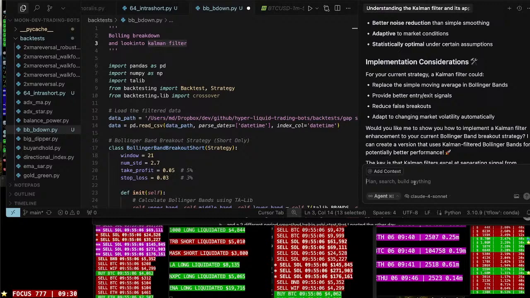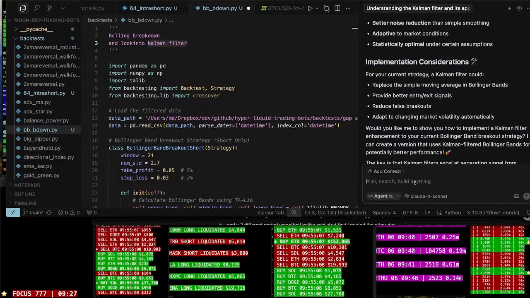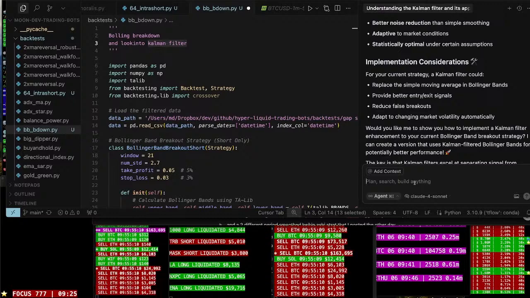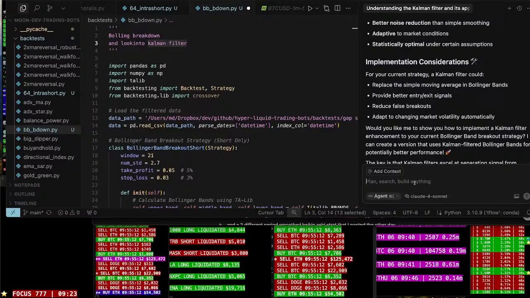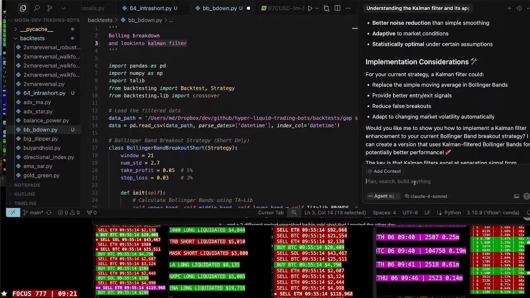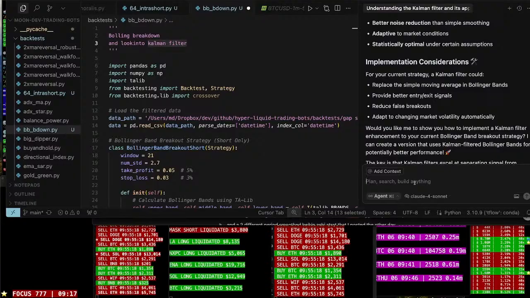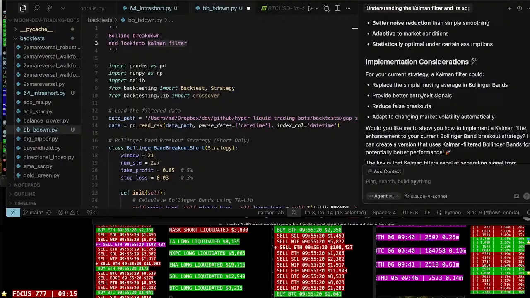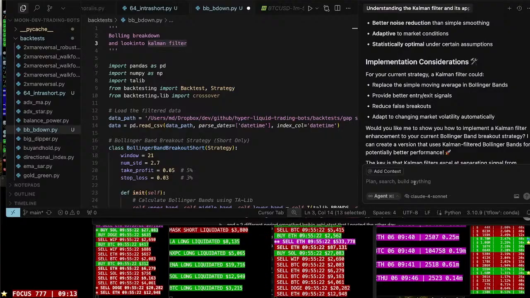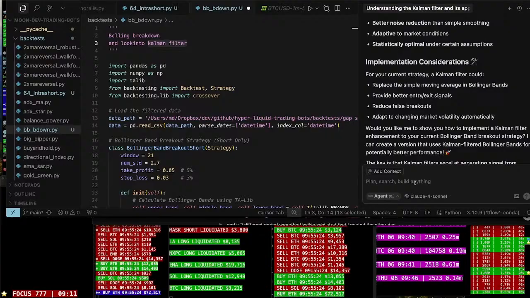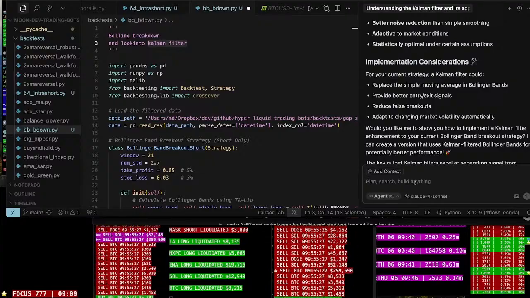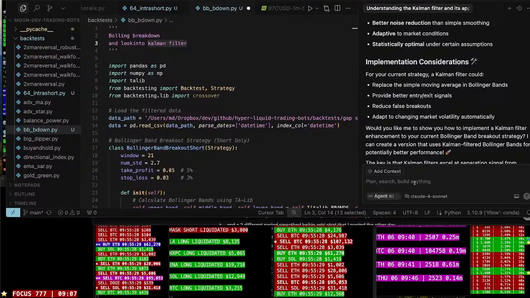And also I want to test between 2 and 4 standard deviations. The idea had 2.7 standard deviations, so let's make that the original one. But go ahead and update this code. Thank you.